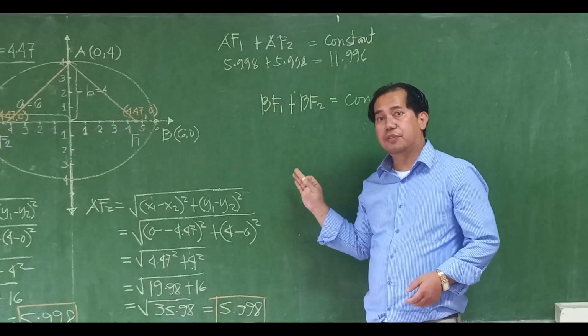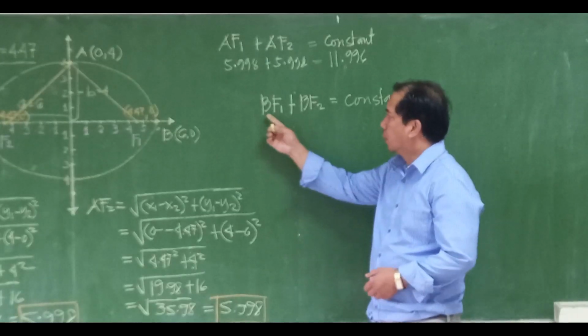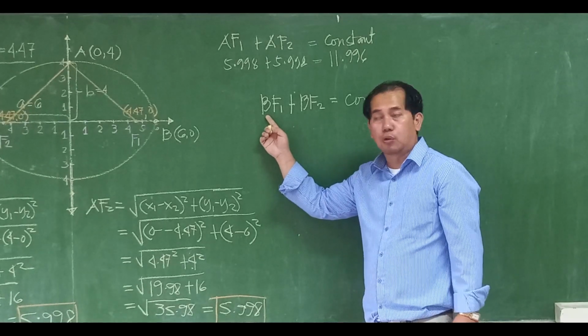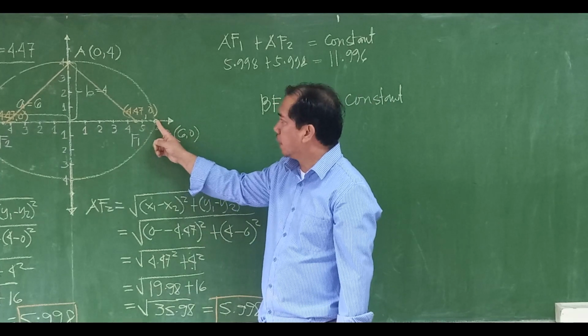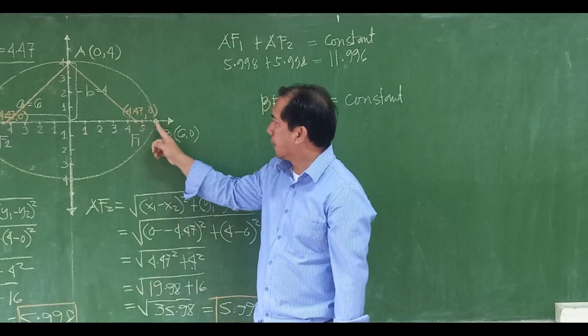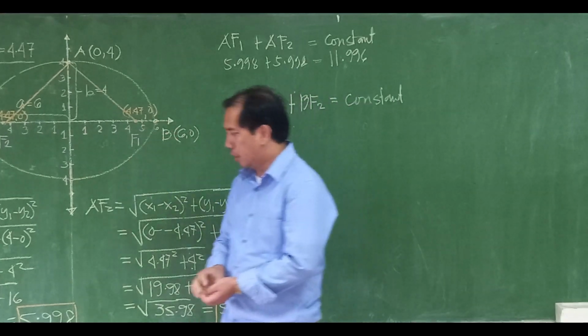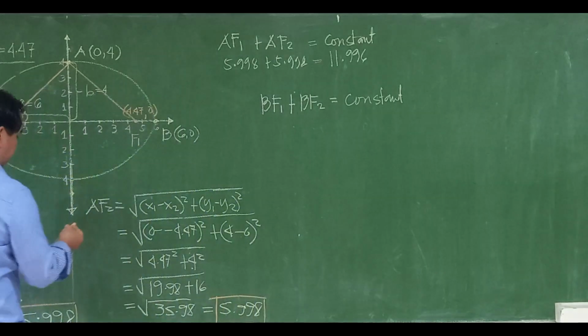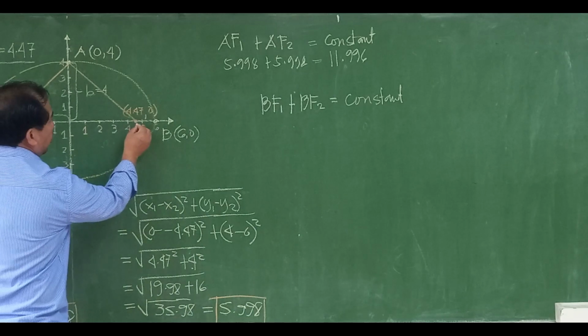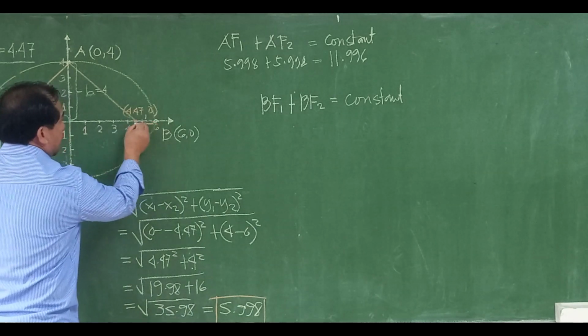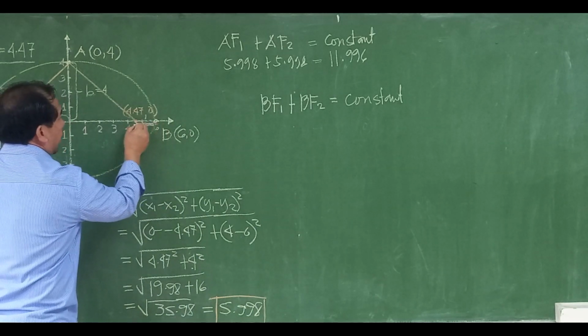Would it give you the same result when we are going to compute the distance between point B to focus 1? So what we are going to look into is the distance. Okay? So we are going to have this one. Focus 1 to point B.